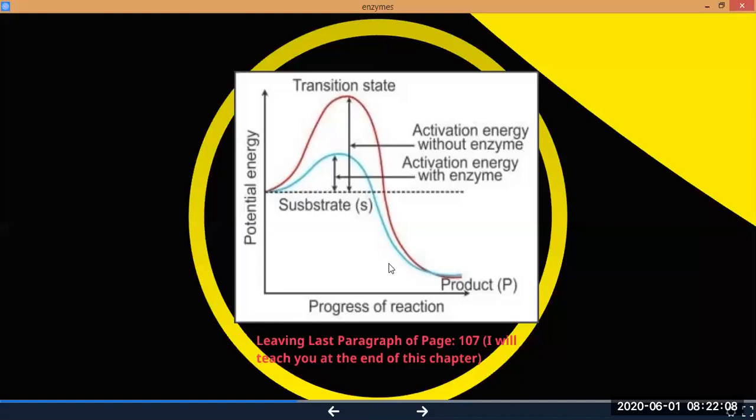Only the difference is that the peak is different. This is how the graph of a reaction, the energy graph, is made.